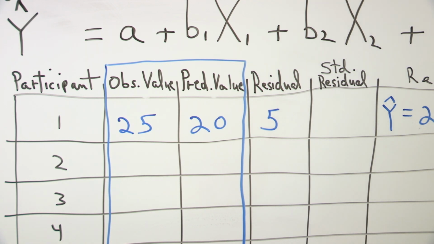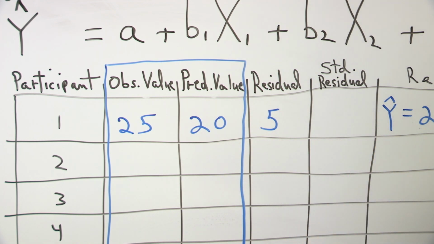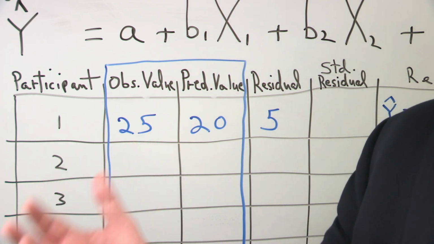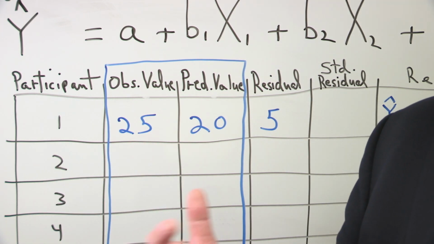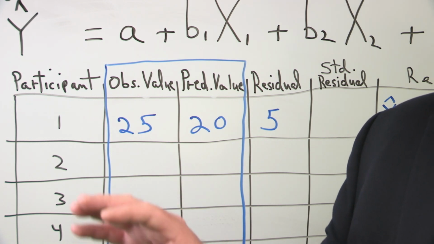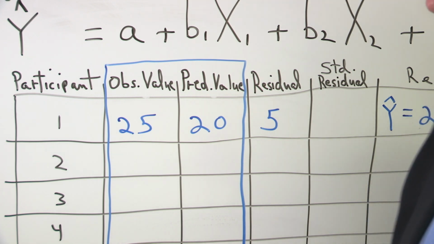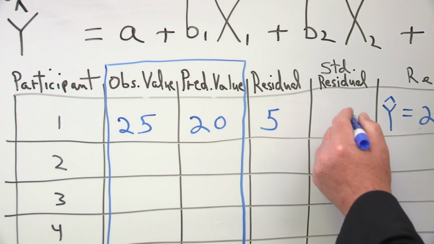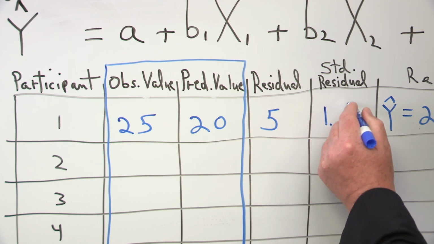Let's say the standardized residual, which is in standard deviation units, and by the way, I'm going to give you the absolute value of the standardized residual because standardized residuals can be positive or negative, so I'm not going to pay attention to sign. Let's say the standardized residual is 1.5.